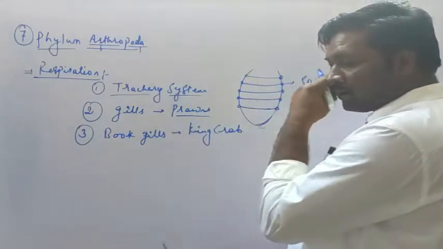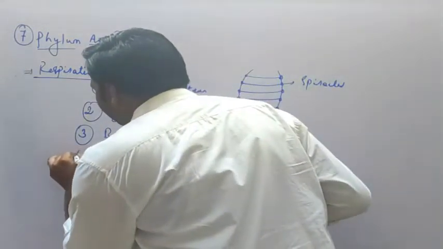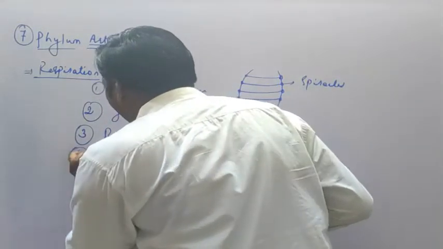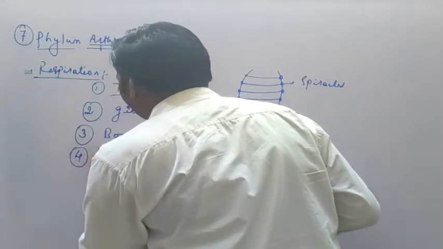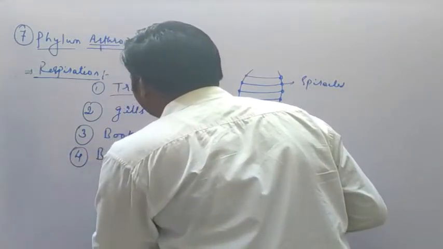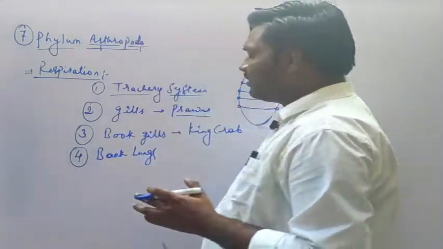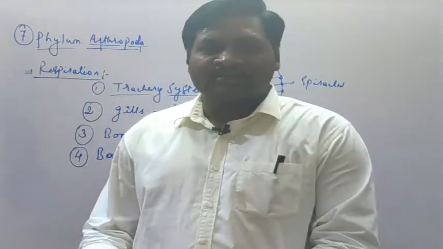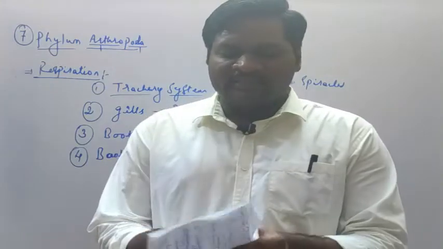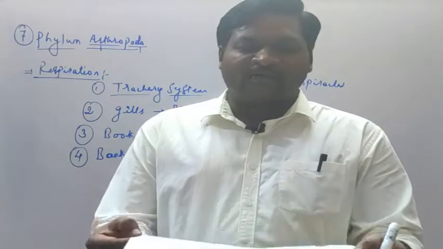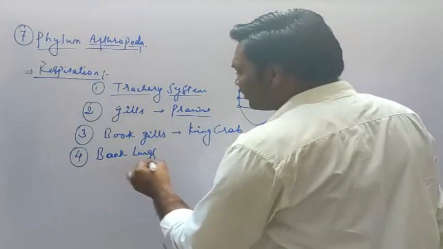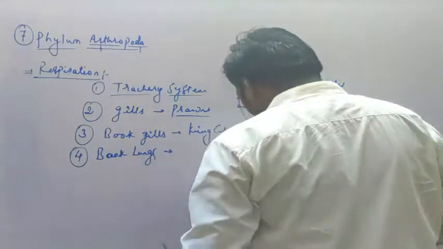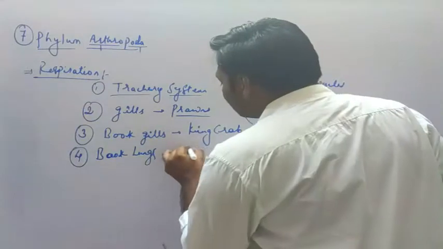Okay, so these are the book gills, and finally the fourth type of organ, that is book lungs. Now what is the meaning of book lungs? See, when we open a book, suppose this is a book, I am opening it like this, and these are the two sides of this book. That means a similar type of pattern is seen in the book lungs, which is most commonly seen in the scorpion.